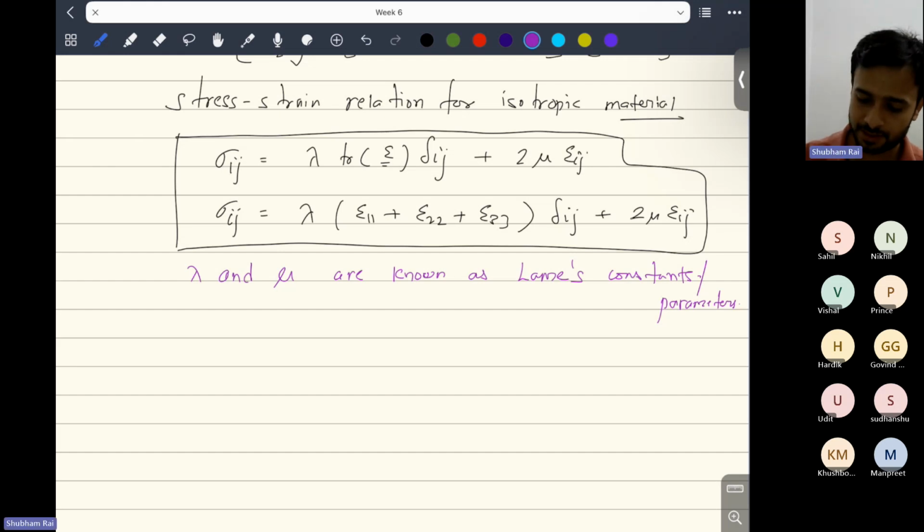So here we have expressed stress in terms of strain. Now you can do the reverse also. Strain can also be expressed in terms of stress.